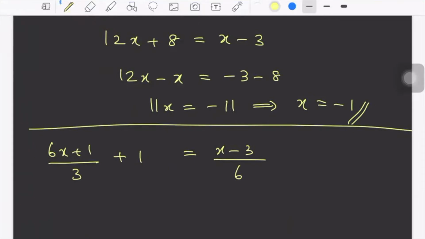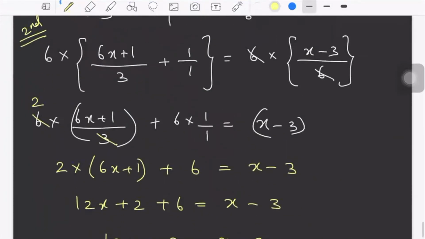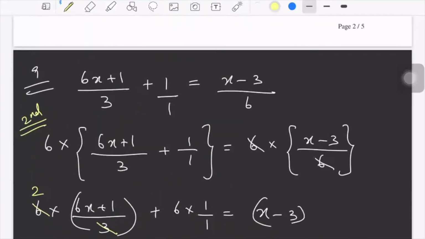Now, in this question, forget about both LHS and RHS. Focus on just one side. In the earlier case, we were thinking about all the denominators present on both LHS and RHS.